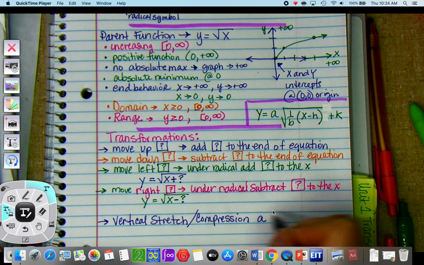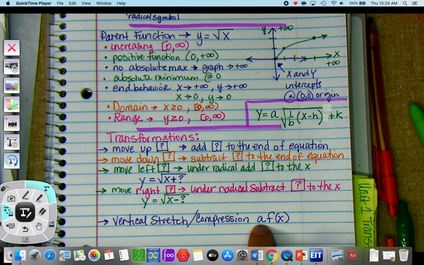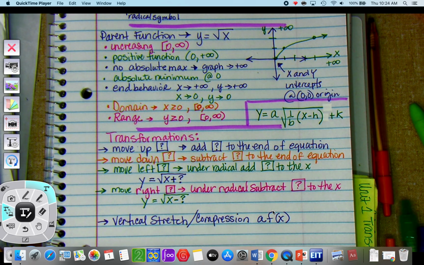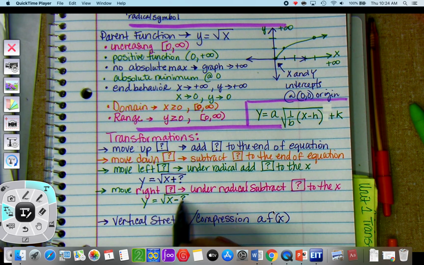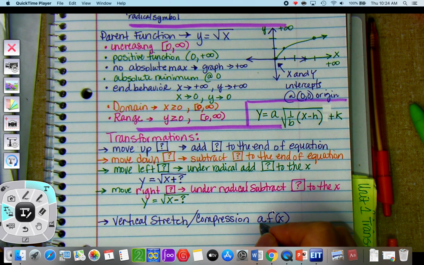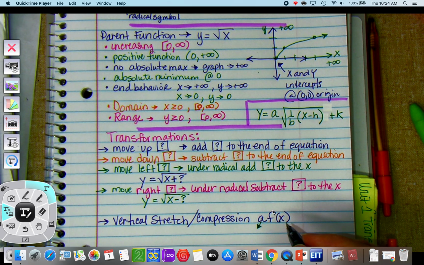I would multiply my leading coefficient. I would multiply a number here to cause that stretch or compression times the entire function, whatever the function is. Whatever the radical function is, I would be multiplying the entire function by a certain number, so that it will be changing the leading coefficient.